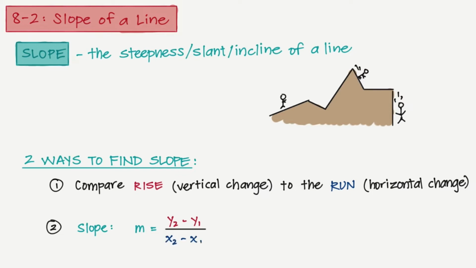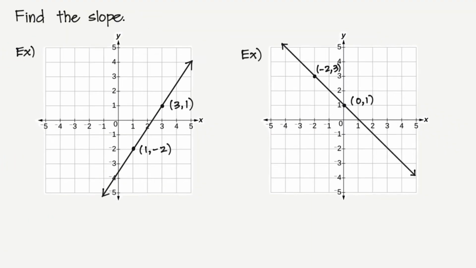So x2 minus x1. And this is what we call our slope formula. So again, this is the rise on top, which is the y values, and the run on the bottom, which are the x values.